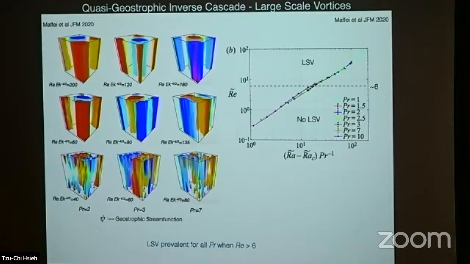In terms of measuring when the LSV or inverse cascade happens, the empirical measure we find is the non-dimensional Reynolds number, or the magnitude of the vertical velocity. So we can put a threshold on when we see the development of a large-scale vortex or a pair. A line at around 6 seems to be the transition. We don't understand it, but that's where we put the empirical line.